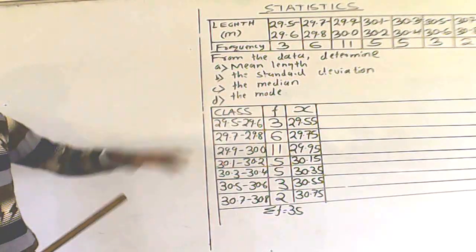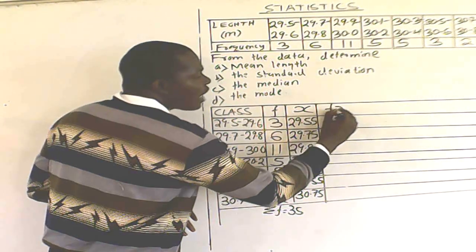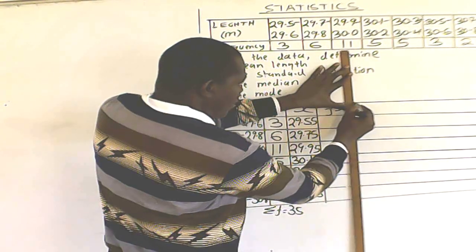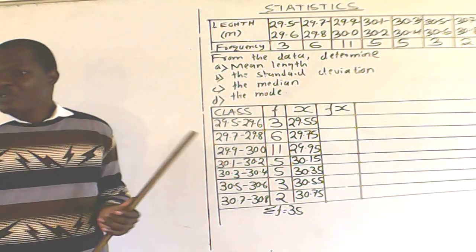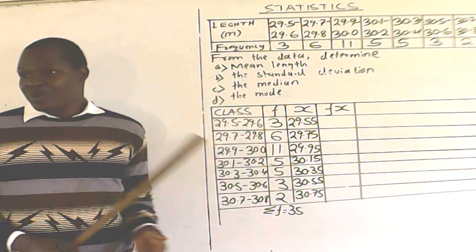Meaning we are going to have the column of f and the column of fx. We need a column of fx, f times x, because here we don't use a simple mean, meaning there's no d here, there's no other variable.